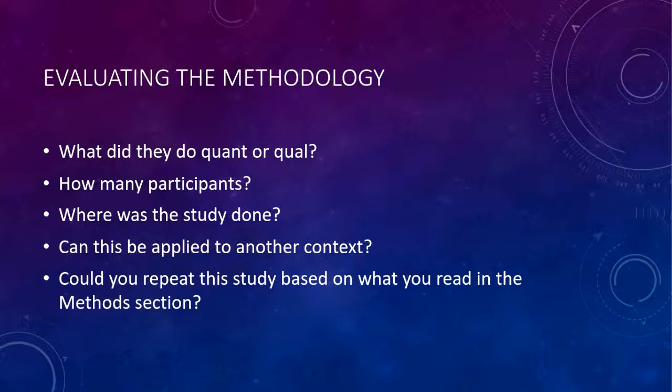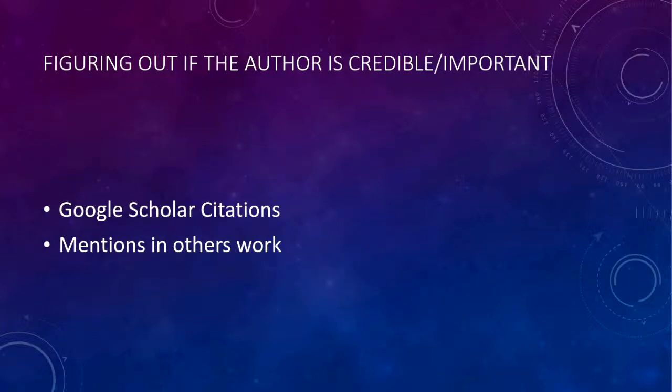Okay. So this leads us to our next point, and that's figuring out if an author is credible or important. There are two easy ways to do this. One is to look at Google Scholar and see how often they're cited. And two, to see if they're mentioned in other people's work.